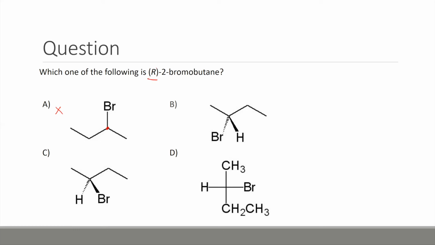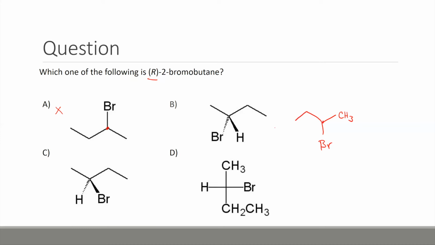Now for B, the first thing I want to do is point the hydrogen away from me, remember. So if I redraw this molecule with the hydrogen pointing away from me, we would actually get this where the bromine is pointing down. We have our methyl group here, and then our other group here.